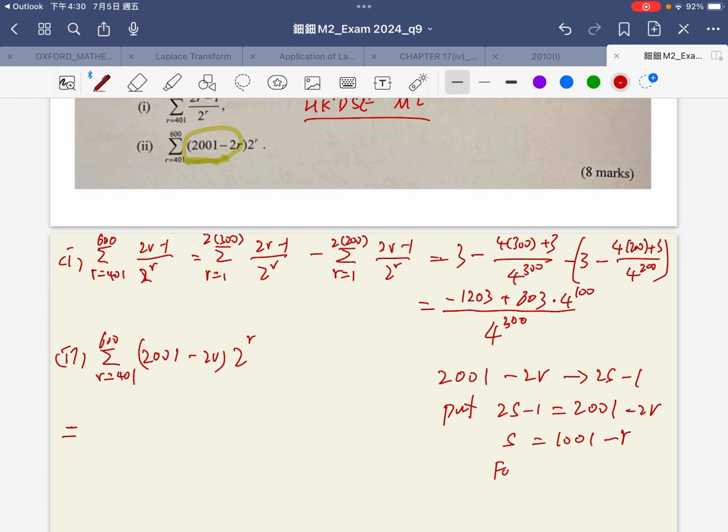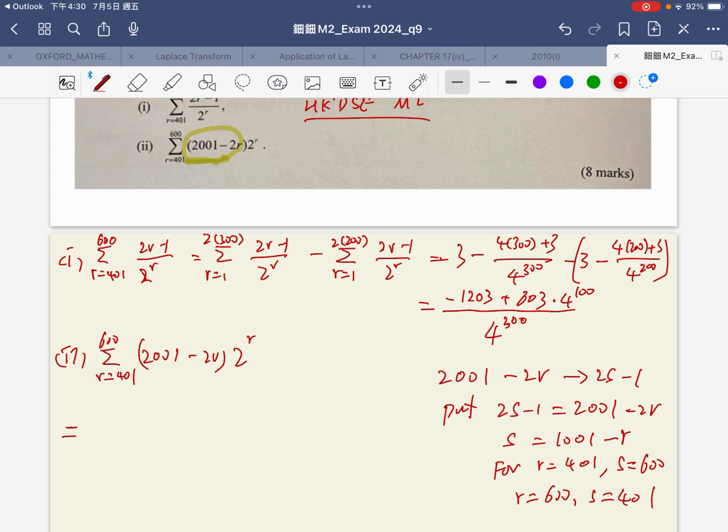Then for r equal to 401, s should be 1001 minus 401, which is 600. Oh, the same as the upper bound of the original summation. And for r equal to 600, s equals 1001 minus 600, which is 401.